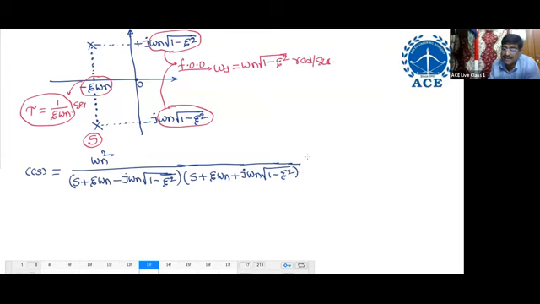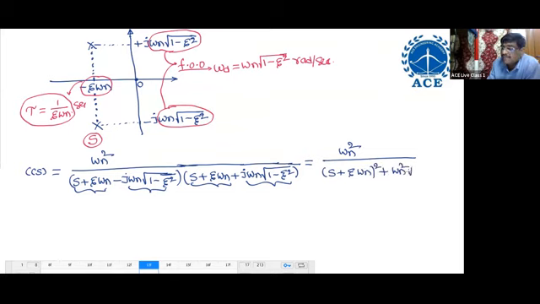This is like (a minus jb)(a plus jb), that means a square plus b square. So this can be written as omega n square by (s plus zeta omega n) whole square plus (omega n root of 1 minus zeta square) whole square.